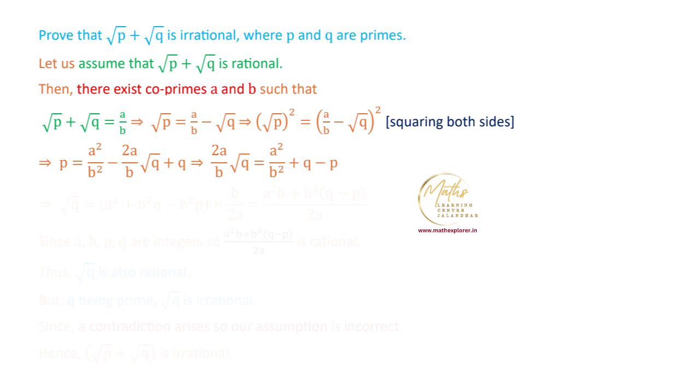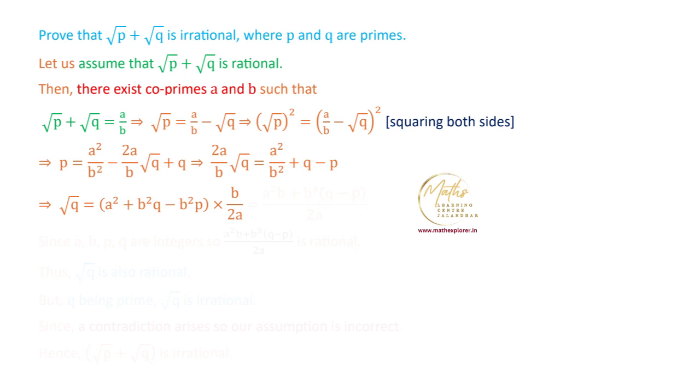So the value of square root q is equal to a square plus b square p minus b square q, we have taken the LCM b square over there. Then this b square and b get cancelled, and we are left with b by 2a.